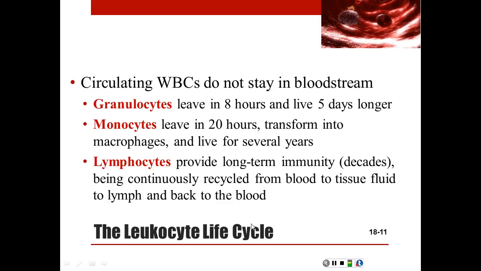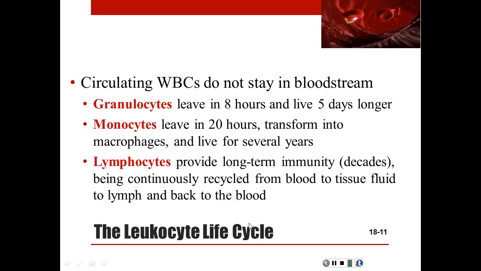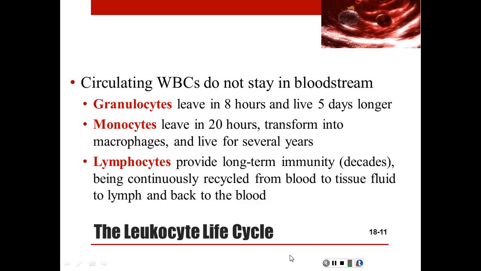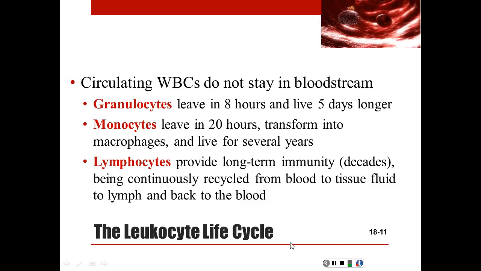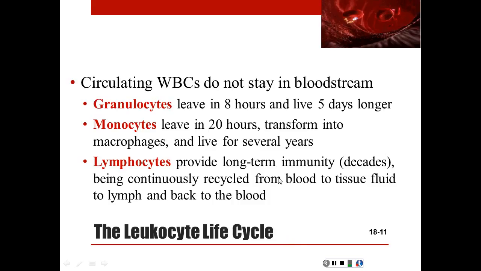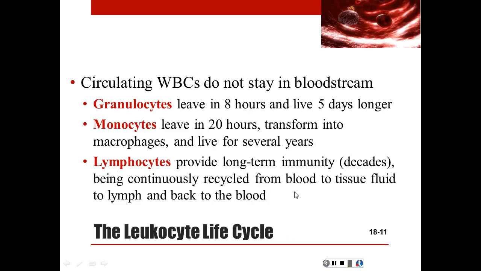Now, circulating leukocytes do not stay in the blood for long. Our granulocytes circulate for 4 to 8 hours, then migrate to the tissues where they live another 4 to 5 days. The monocytes circulate for 10 to 20 hours, then migrate into the tissues and transform into macrophages, which can live for a few years.